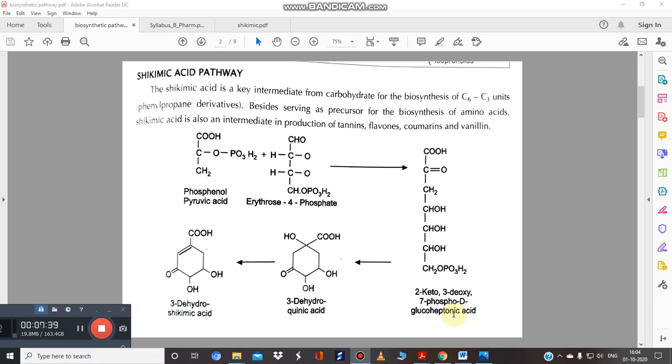Okay, and this molecule again undergoes removal of the phosphoric acid, or dephosphorylation, plus cyclization to yield the 3-dehydroquinic acid compound. And this 3-dehydroquinic acid undergoes dehydration to form 3-dehydroshikimic acid, which yields shikimic acid by reduction.